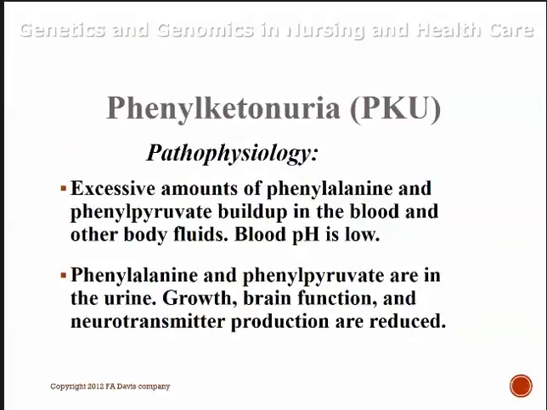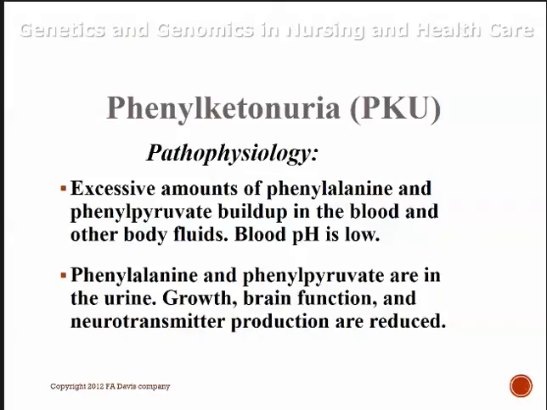The pathophysiology of PKU is excessive amounts of phenylalanine and phenylpyruvate buildup in the blood and other body fluids. The blood pH is really low. Growth, brain, and neurotransmitter production is reduced. So immediately after they're born, this biochemical process happens.